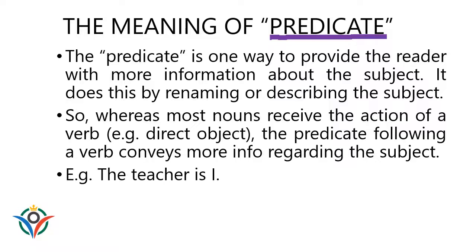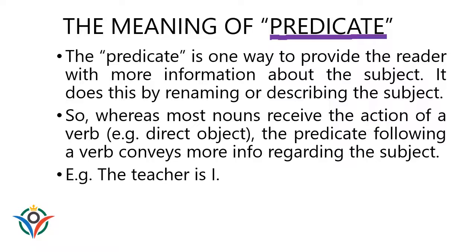It says there, the predicate is one way to provide the reader with more information about the subject. It does this by renaming or describing the subject. Point 2. Whereas most nouns receive the action of a verb, for example, a direct object, the predicate following a verb conveys more information regarding the subject.